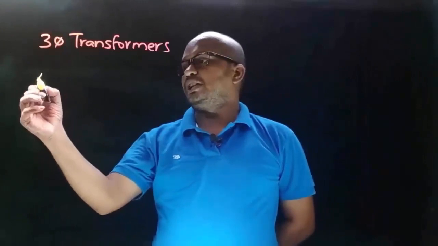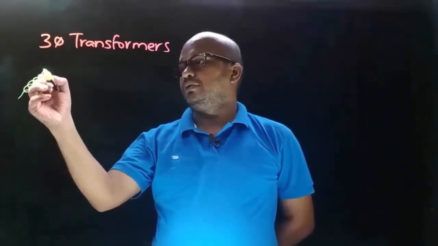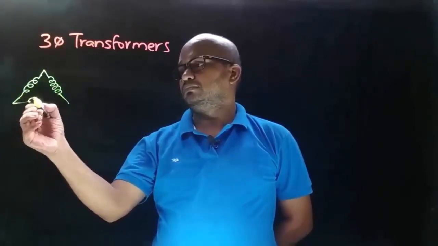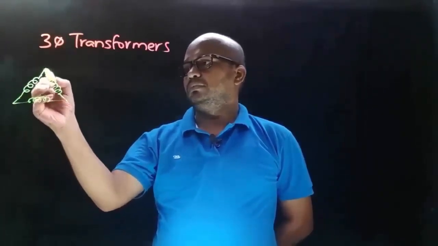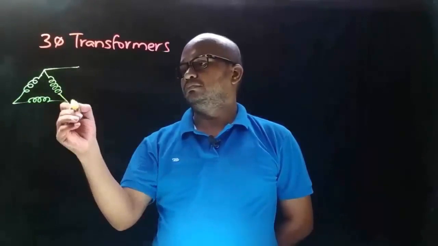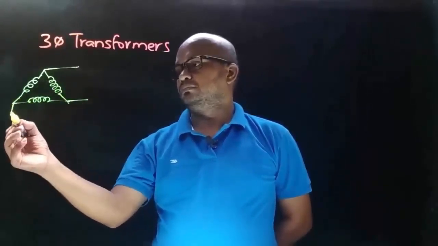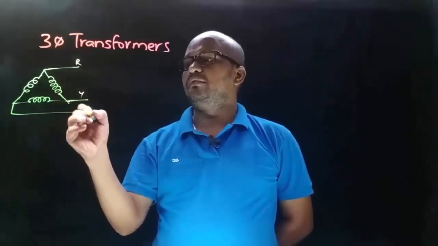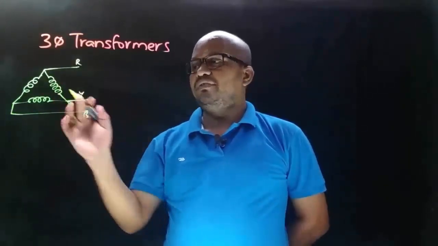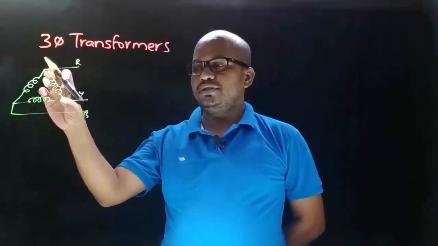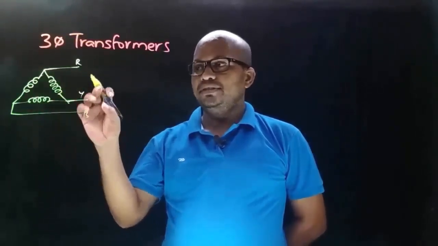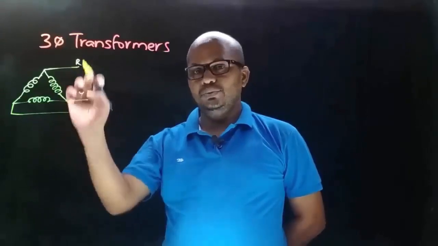And now coming to delta connection. Let us suppose the terminals are R, Y and B, and we define that phase voltage is the voltage across any phase, that is voltage across any winding, and line voltage means the voltage taken between any two terminals.